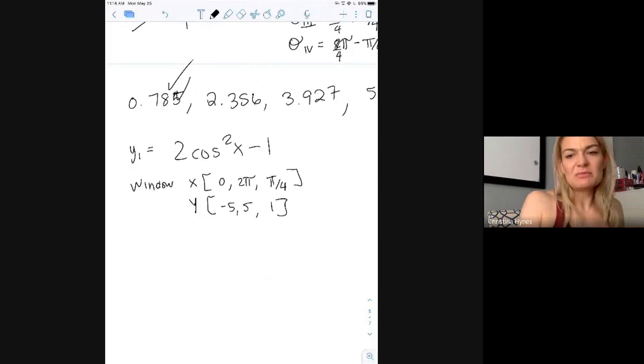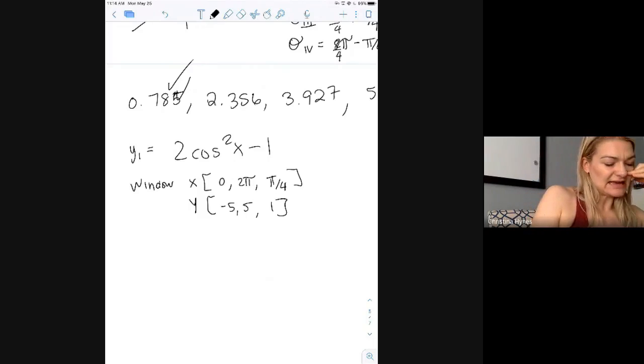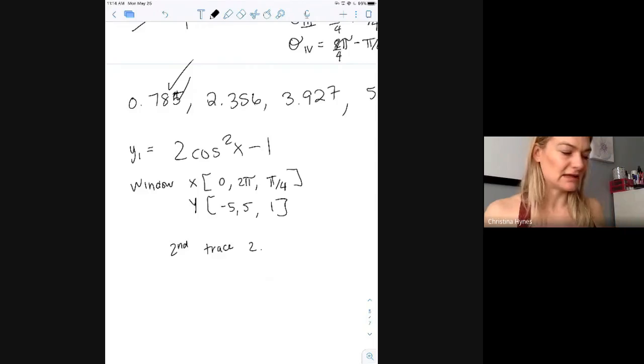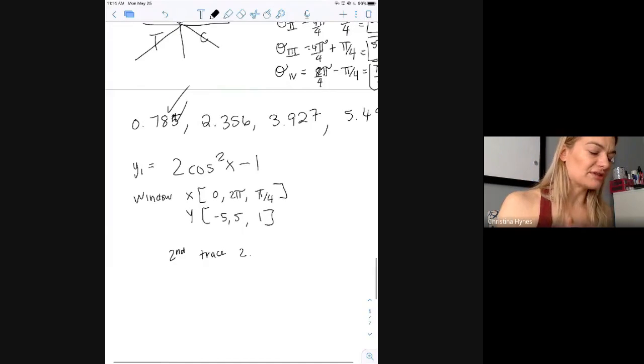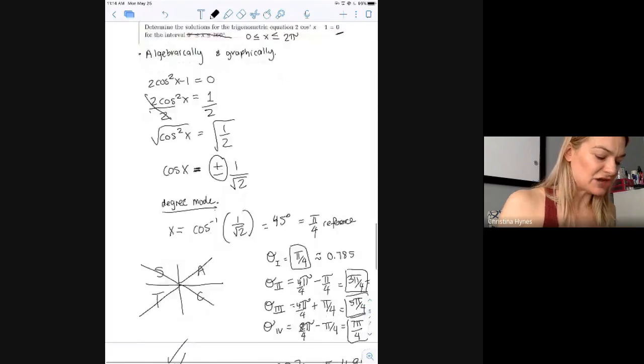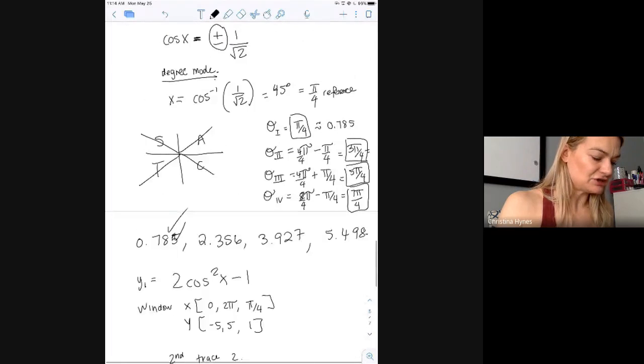And then just describe your steps. Say that I pressed second, trace number 2, and I found each of the x-intercepts, and these were my x-intercepts that I found. Done. Then you can say, therefore, the solutions match algebraically. So I have checked. And that is how you finish off.